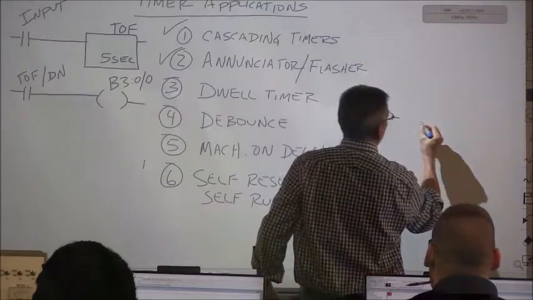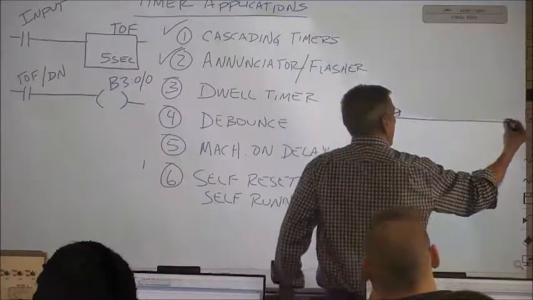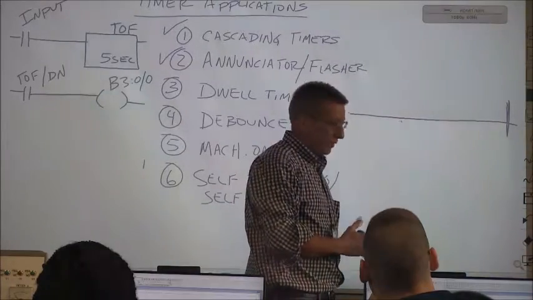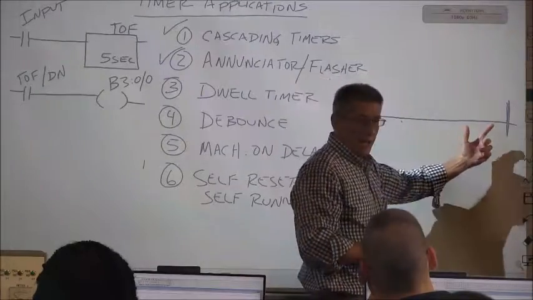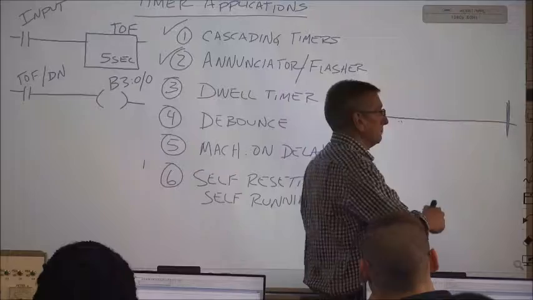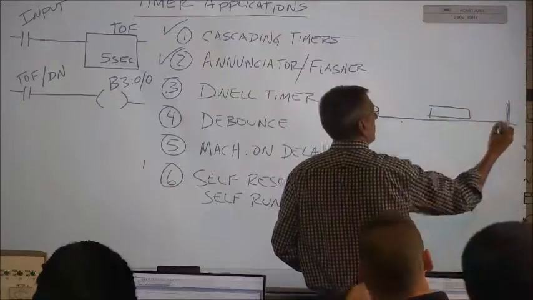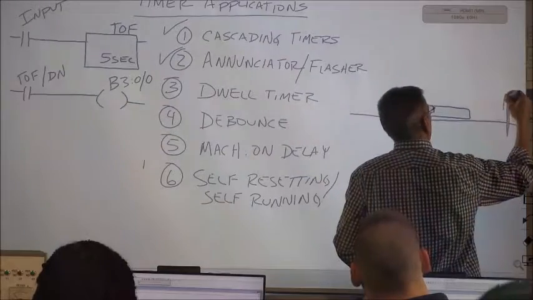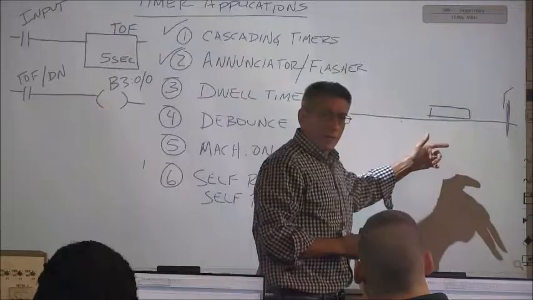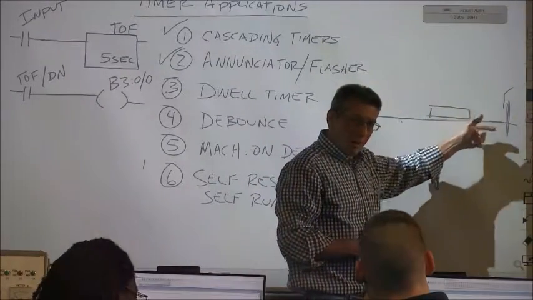Another application would be, let's say we have parts running down this conveyor, right? And at the end of this conveyor, we have a stop, some kind of a steel bar that's energized with a solenoid that moves up into the conveyor to stop these parts. Let's say we have some heavy steel parts running down this conveyor. And we have a switch mounted here. With the conveyor running, once that part gets down to the end, is it gonna bounce a little bit?